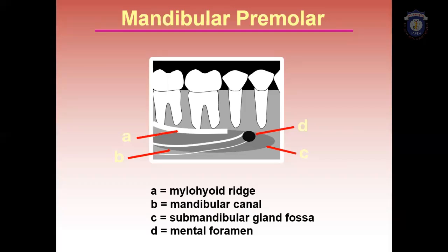Area C is a relative radiolucent area seen in the whole periapical region of the mandibular premolar as well as molar area, that is the submandibular gland fossa. And area D is the mental foramen.